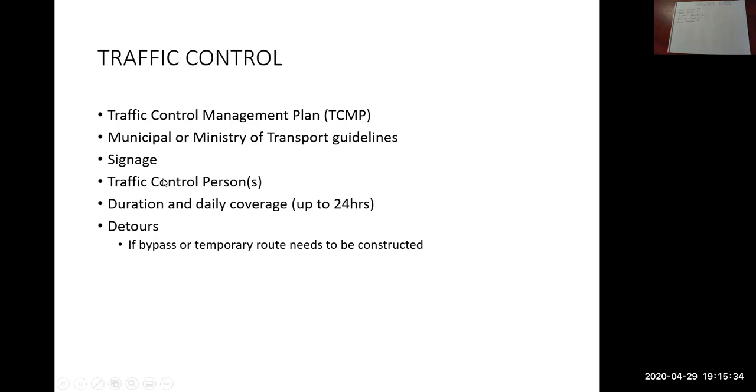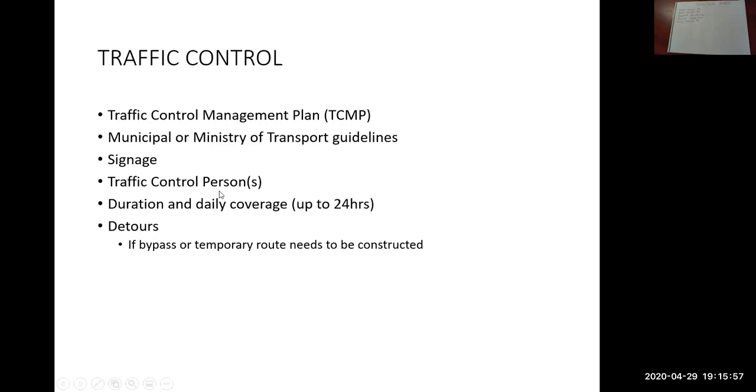Traffic control personnel or persons. So your TMP would physically show where traffic control people would be standing, where they're located to control traffic. Again, that same book that I mentioned, it's a ministry book talking about traffic management.